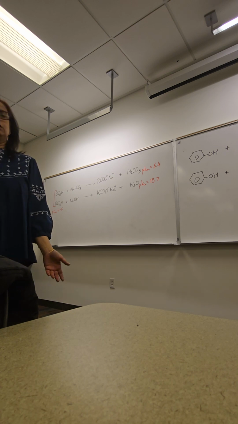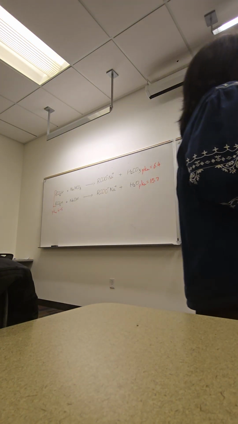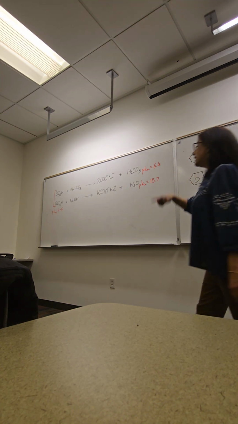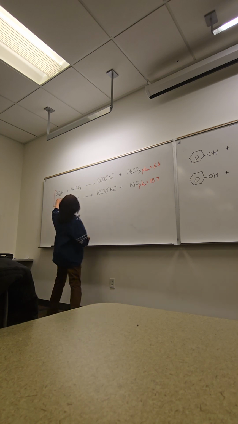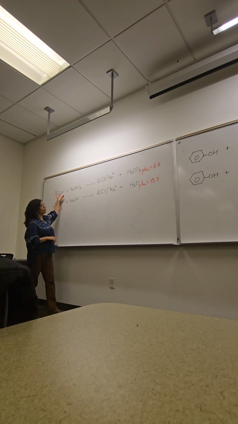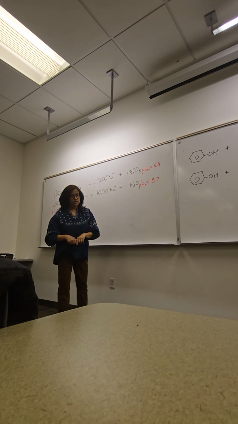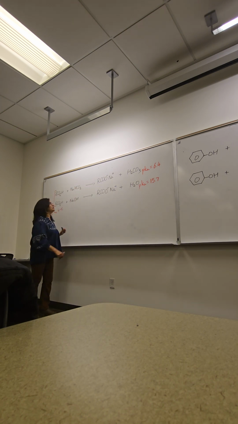What's the rule? Higher pKa, weaker acid. Which is the weaker acid of the two in the first equation, the carboxylic acid or carbonic acid? Carbonic. So which direction is the equilibrium in?